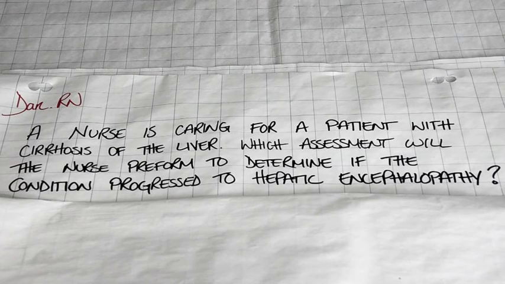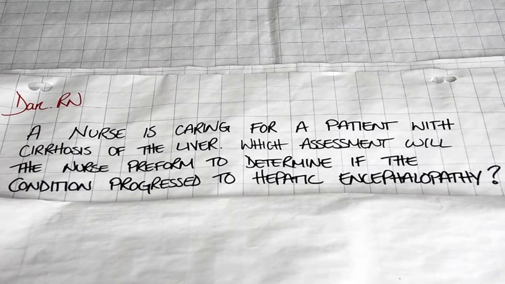So the first thing we're going to look at is what the question is really asking. We have a patient with cirrhosis of the liver, but we also want to determine if the condition has progressed to hepatic encephalopathy. So the question is really asking which assessment findings reflect hepatic encephalopathy.